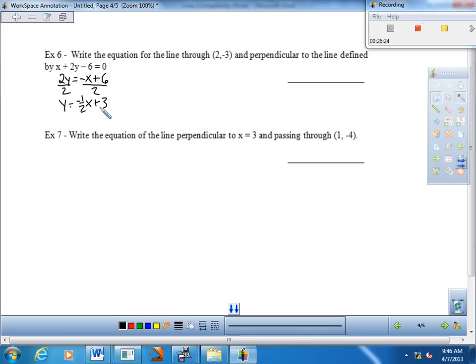I obviously now want to find the equation of the line through this point and perpendicular to that. Again, I like being visual whenever possible. If you don't see the need, no problem at all. But here, guys, is (2, -3), right down here. And let's see, I'm getting y equals -1/2 x + 3, so something like that right there. All right, looks good.